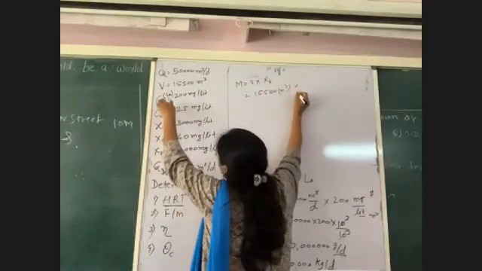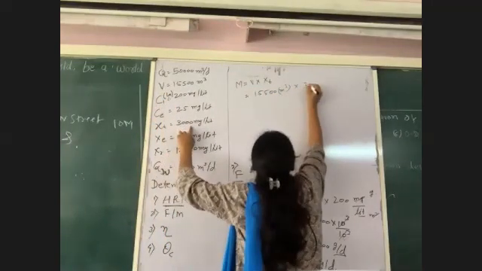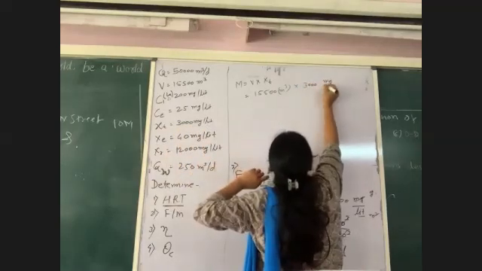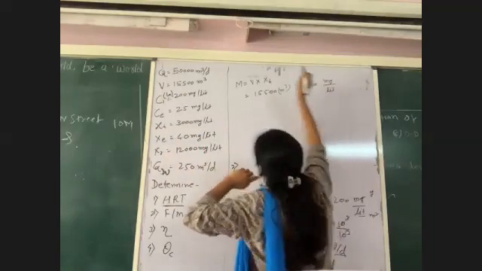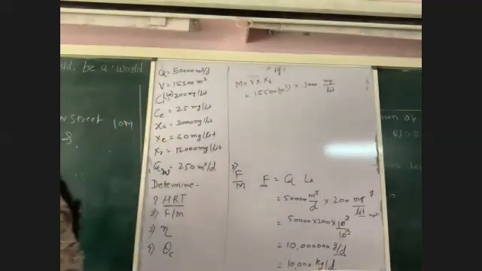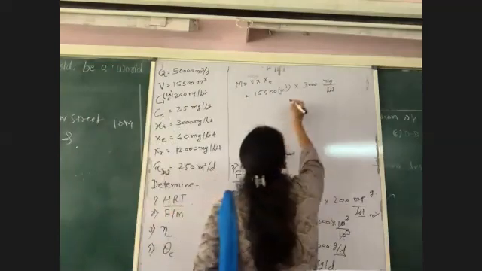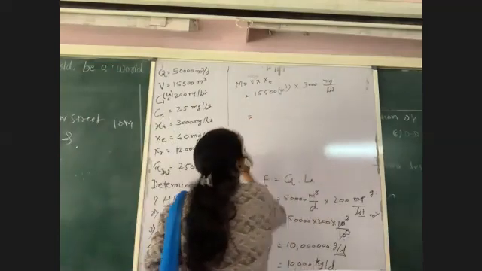XT is given to you as 3,000 milligram per liter. V into XT. Now M, you need to calculate M in kg. So calculate it in kg.